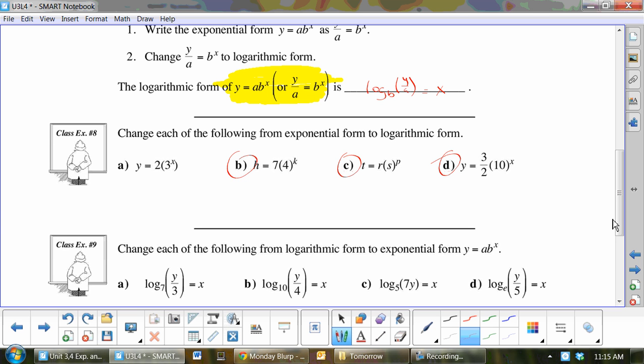Okay, Vanessa. In b, let's get it to log form. Okay, before you start this, is every number where it should be?